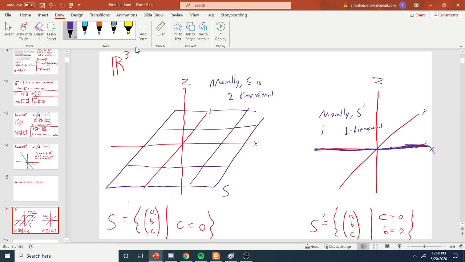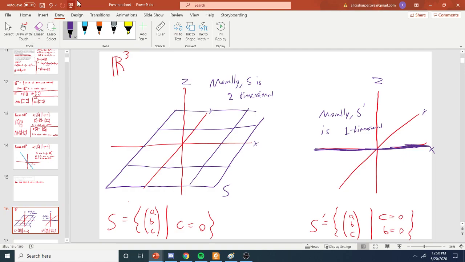So we have S and we have S prime. This is to illustrate a phenomenon that you can have subspaces of different sizes, and some subspaces are bigger or smaller than the others.